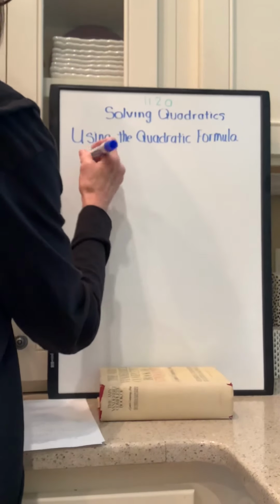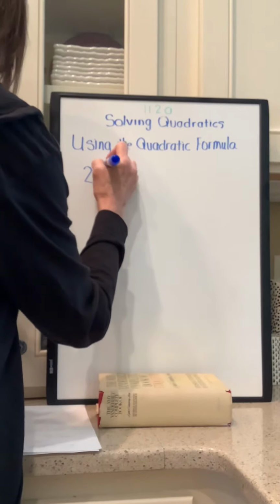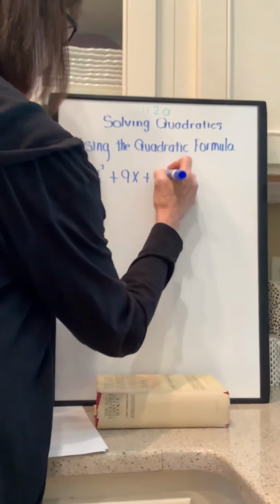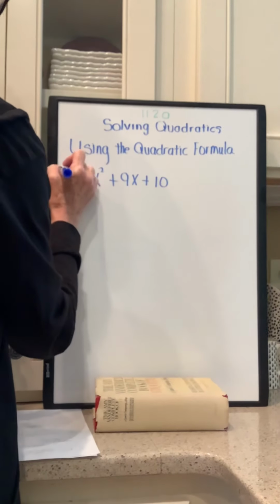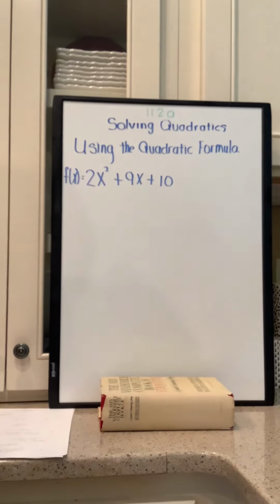Okay, if we had 2x squared plus 9x plus 10, and that's our f of x function, we're going to use the quadratic formula to solve it.